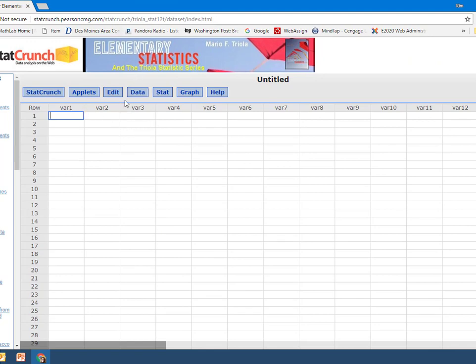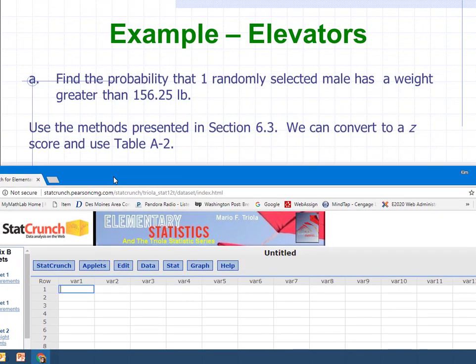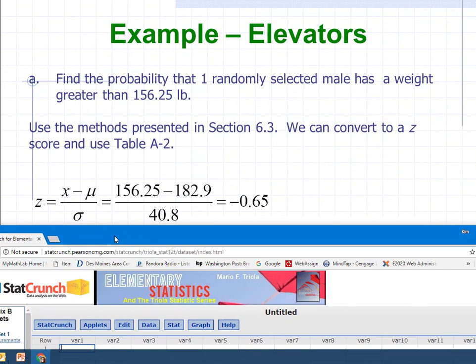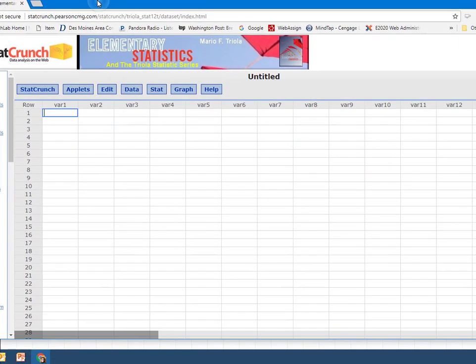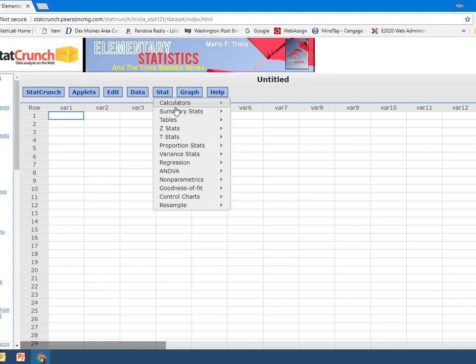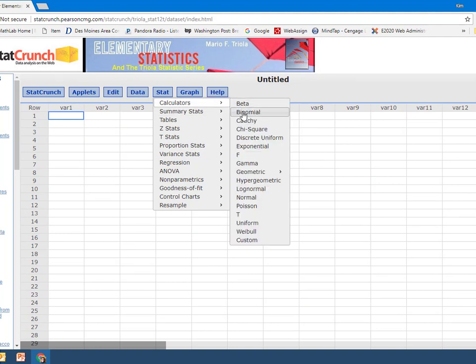Let's pull in StatCrunch, and remember that our z-score was a negative 0.65. Stat, calculators, normal.